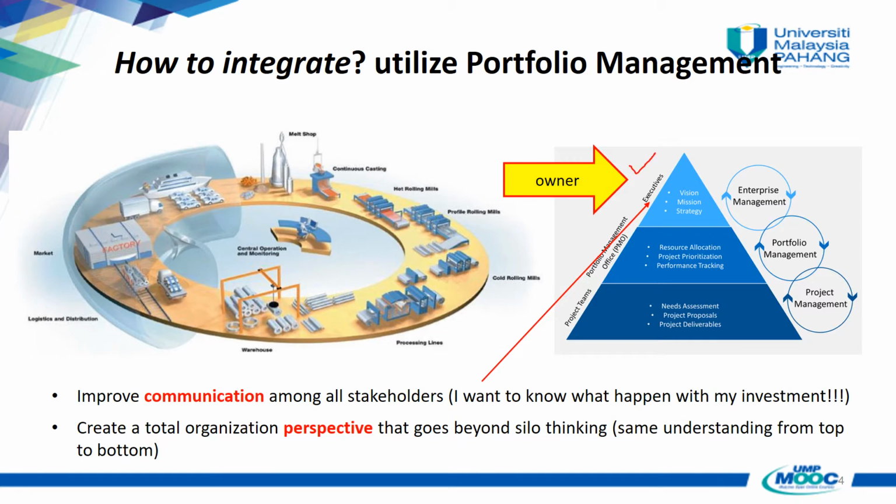They want their mission to be interpreted in a very good strategy, because they want to make sure that communication is improved among all of the stakeholders. Why? Because the owner here gives you the share, they give the ringgit Malaysia, they give you the dollars.